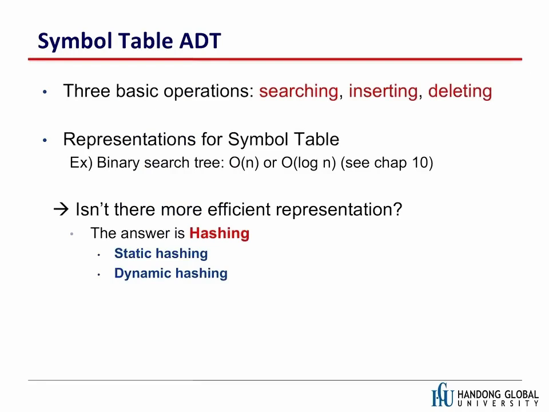Good. Now let's talk about the actual implementation or representations. How can we represent our symbol table? A binary search tree would be one good candidate. In a node, we can have a key and the value, and this binary tree works based on the keys.